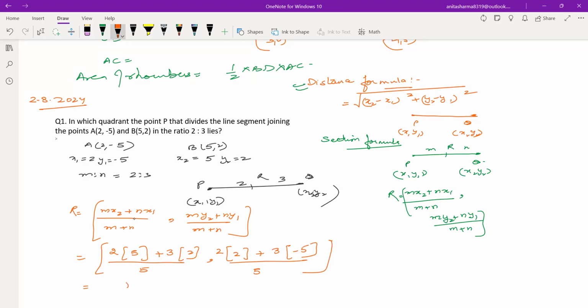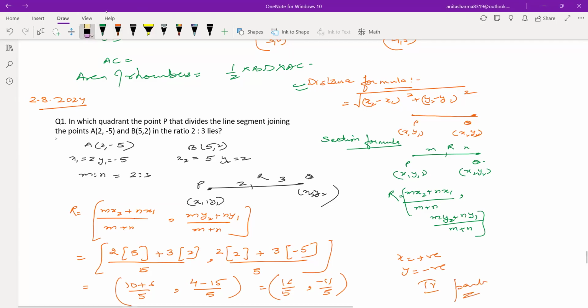So it will be 10 plus 6 by 5, comma 4 minus 15 by 5. So it will be 16 by 5 and minus 11 by 5. When x is positive and y is negative, this is in the fourth quadrant, right? Right, children? These points lie in the fourth quadrant.